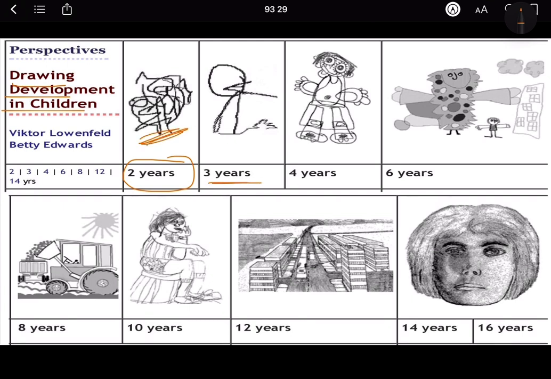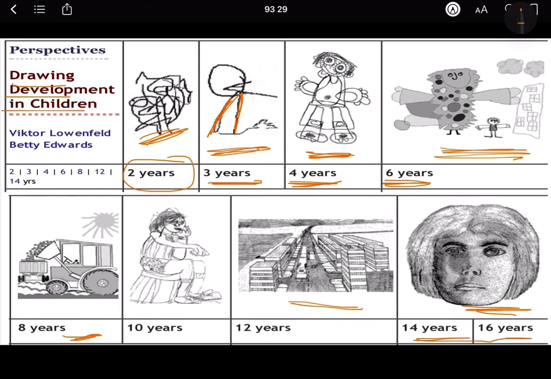A 3-year-old can make a much better clear picture, ठीक है? A 4-year-old can draw something more than just a linear figure, ठीक है ना? A 6-year-old can make better pictures, ठीक है? Then an 8-year-old can draw proper diagrams, drawings, ठीक है? And he can go up to 14 years to 16 years, can make portraits also, ठीक है ना?